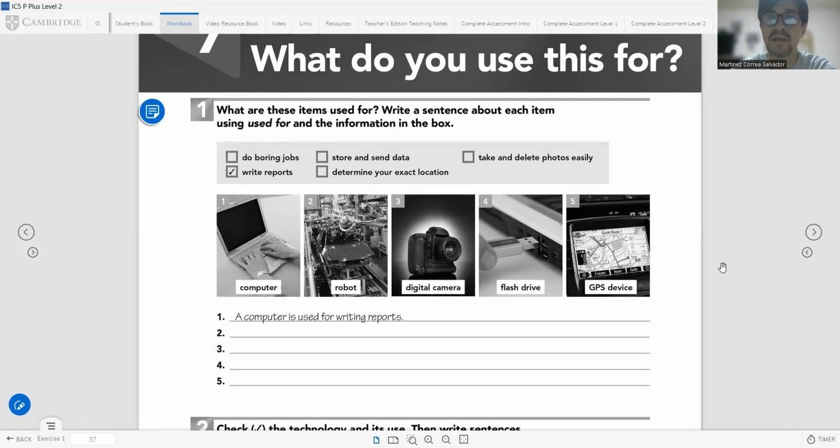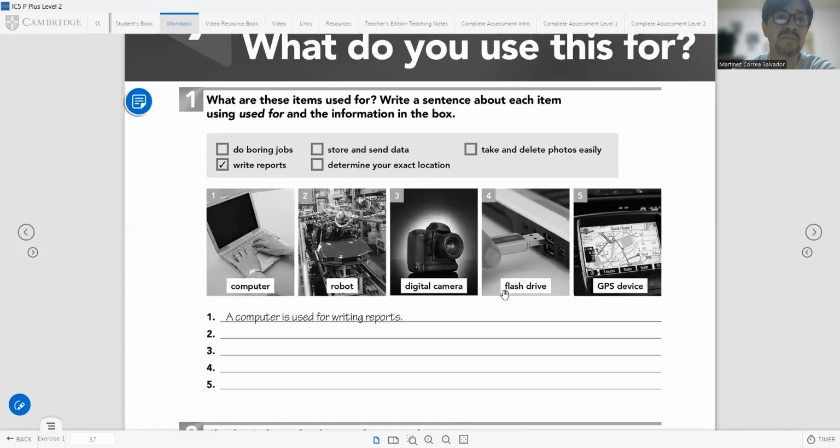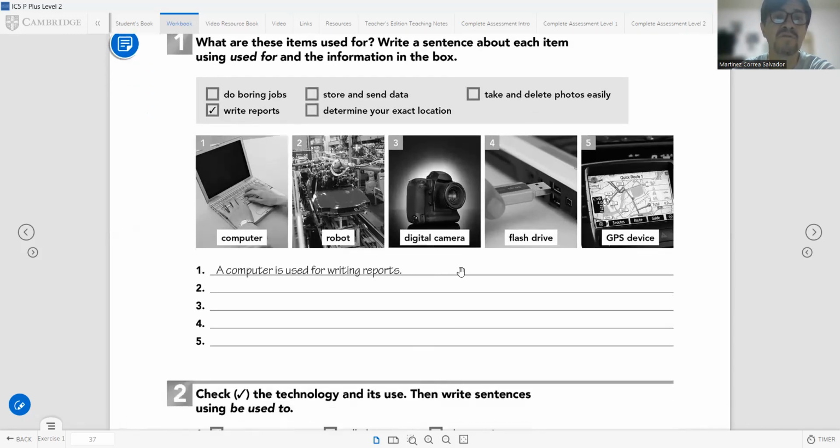So let's check, and you have to use the previous answers. What are these items used for? Write a sentence about each item's use, using the information in the box. Remember, in this homework, you have to use for.